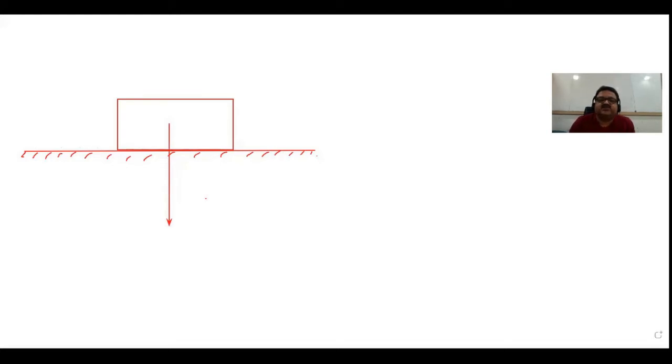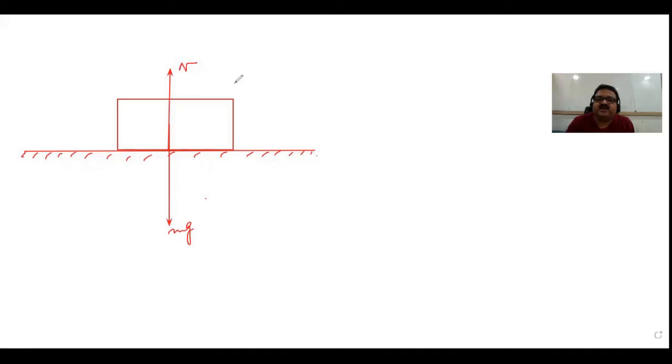And as a result of which, what is happening? The surface is giving an equal amount of reaction to the body. So the force exerted by the body on this surface is called normal force, and the reaction exerted by the surface in contact to the body normally is called normal reaction.